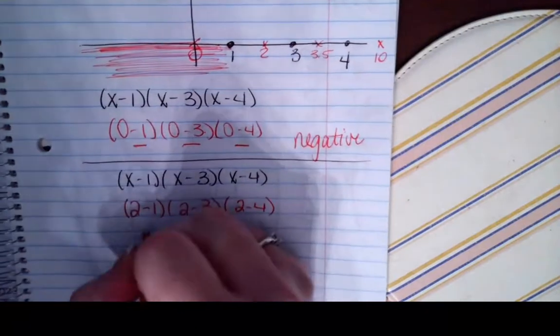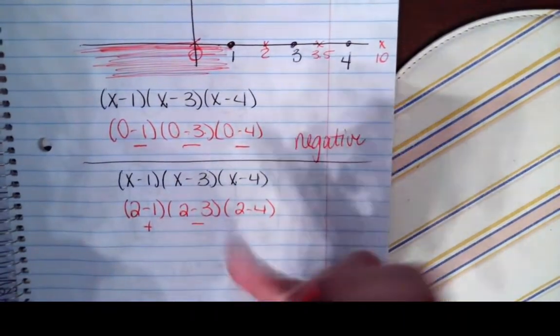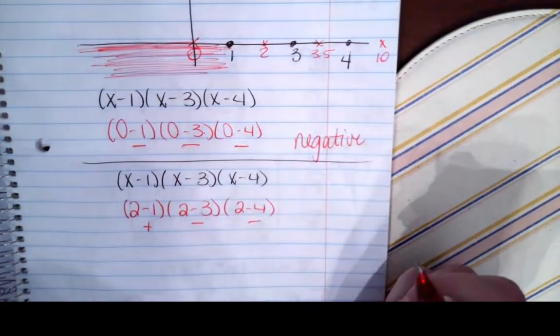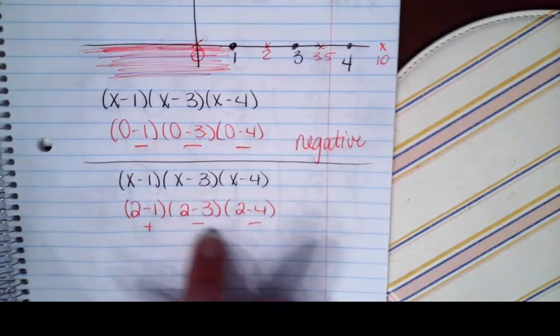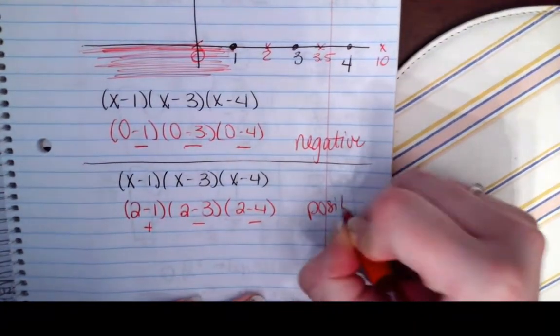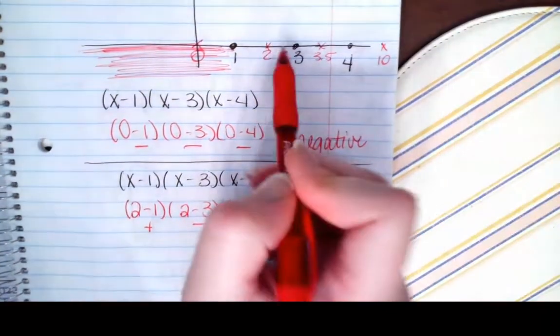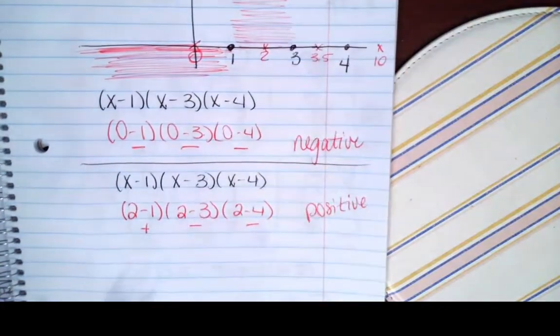So 2 minus 1 is positive, 2 minus 3 is negative, 2 minus 4 is negative. A negative times a negative is a positive, and a positive times a positive is positive. So on this interval, my function is going to be above the x-axis, somewhere up there.